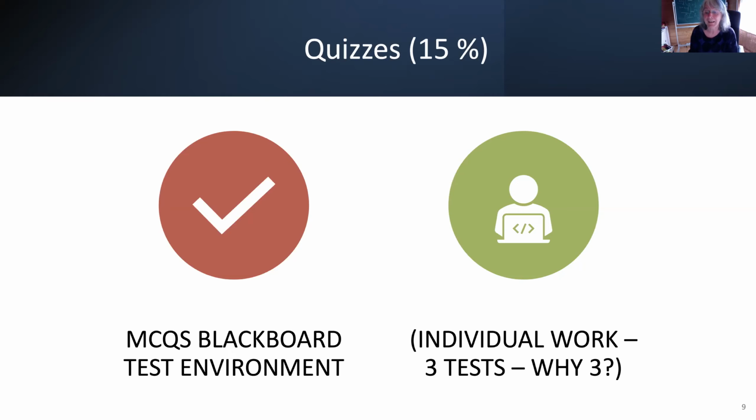However, there were 3 tests, and there is no educational explanation for why 3. Actually, I didn't manage to write more of these tests. I was also teaching 2 other modules, and in total I have written 10 tests for 3 different modules.